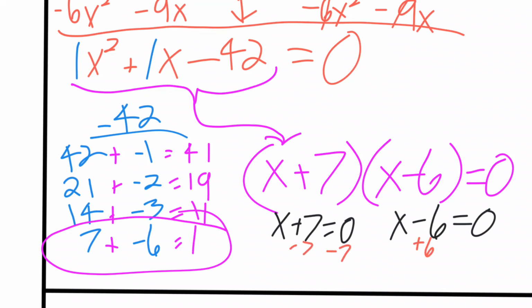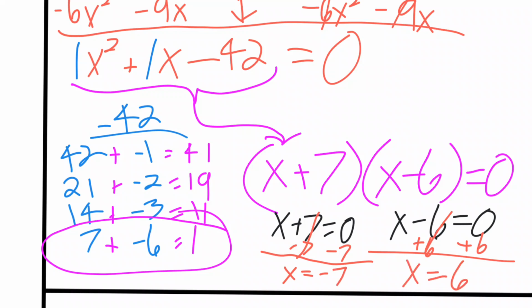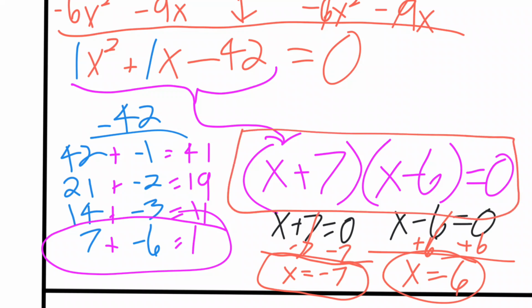So I would minus 7 over because it was a plus 7, and then here I would add 6 over because it was a minus 6, because I have to do the opposite sign to get it to the opposite side. And so I'll get x equals -7 and x equals positive 6. Those are my two solutions. Again, this is the fully factored form.